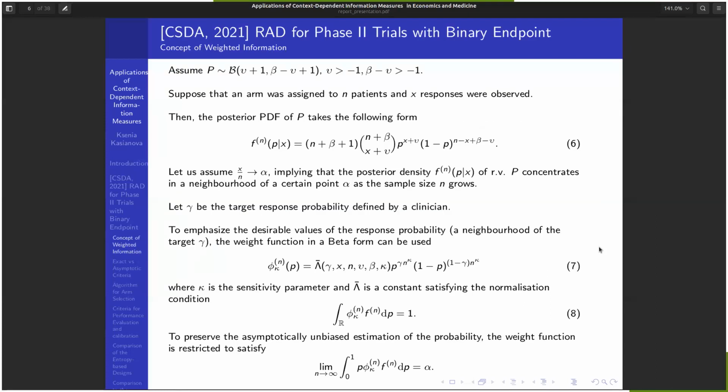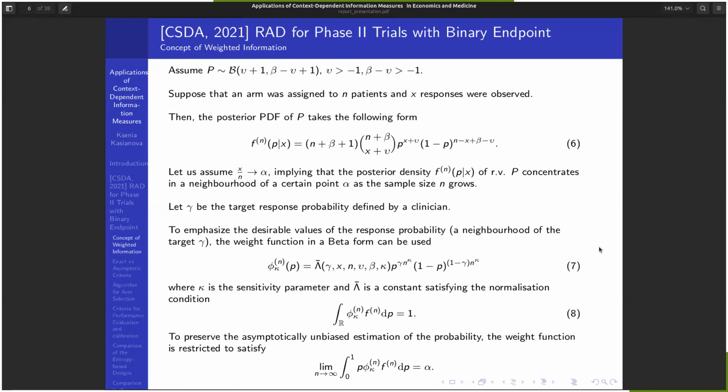I will quickly recap what was done in the paper published in Computational Statistics and Data Analysis, because the paper recently published in the Biometrical Journal is mainly based on this idea.